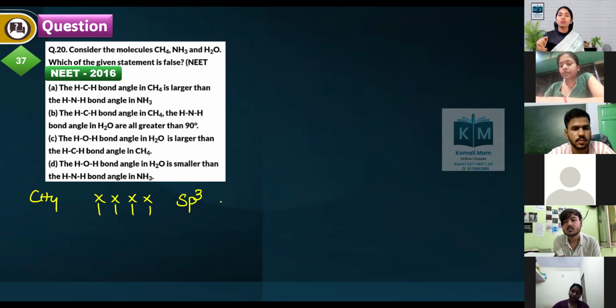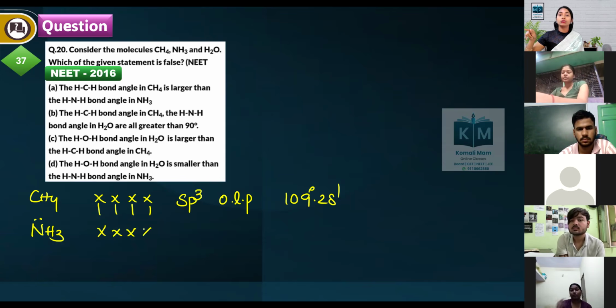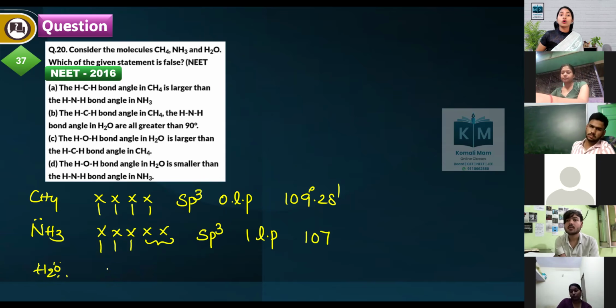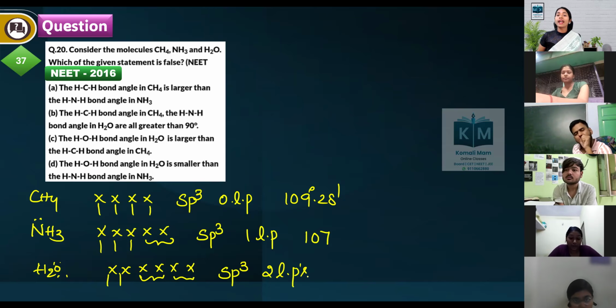Steric number is 4, sp3 with 0 lone pairs. The bond angle is 109 degrees 28 minutes. NH3: nitrogen has 5 electrons in the valence shell. Each hydrogen forms 1 bond, 1 lone pair. Steric number 4, sp3 with 1 lone pair. Repulsion decreases the bond angle to 107. H2O: total 6 electrons in the valence shell, each hydrogen forms 1 bond, leaving 2 lone pairs. Steric number 4, sp3 with 2 lone pairs, and the bond angle in H2O decreases to 104 degrees.